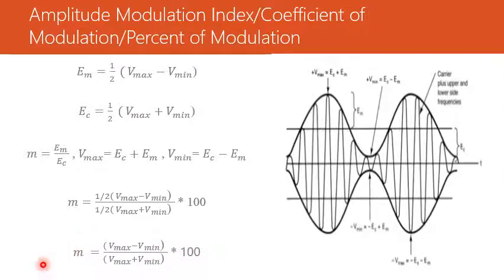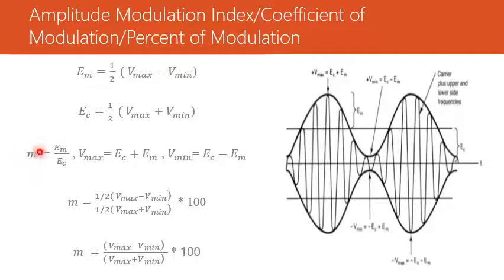So this represents the percent of modulation or the coefficient of modulation. M is the term used to describe the amplitude change in an AM waveform, that is M is equal to Em by Ec.